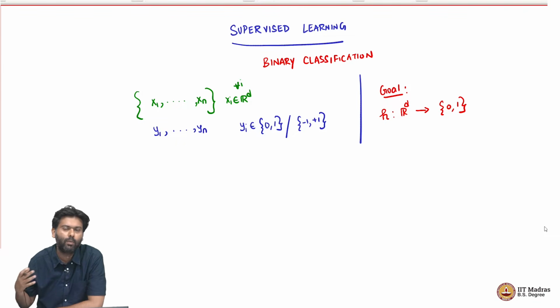Remember, in the regression problem, the error we were interested in was the squared error, and then we justified it in different ways.